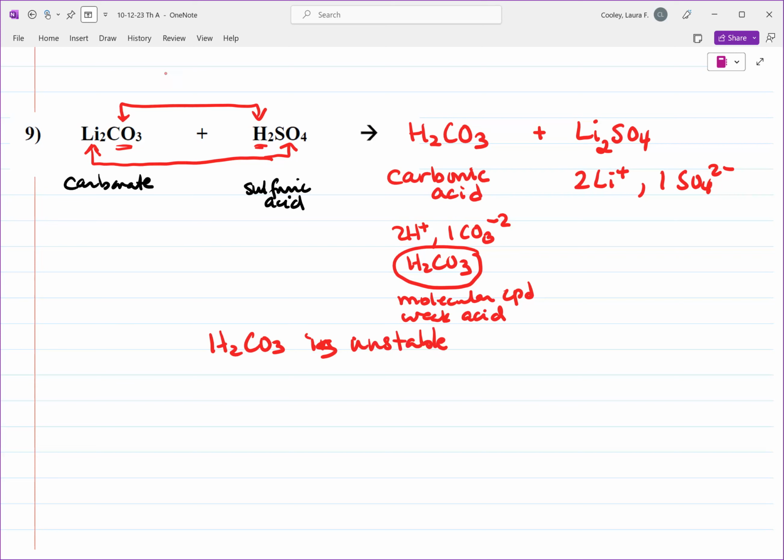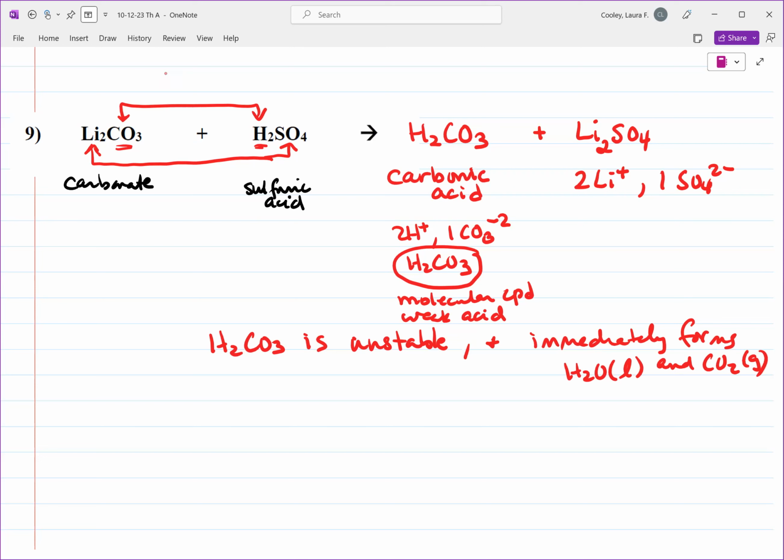And what happens is that it breaks down into 1 carbon dioxide and 1 H2O. So it forms immediately H2O and CO2. And you'll notice that it adds up, right?